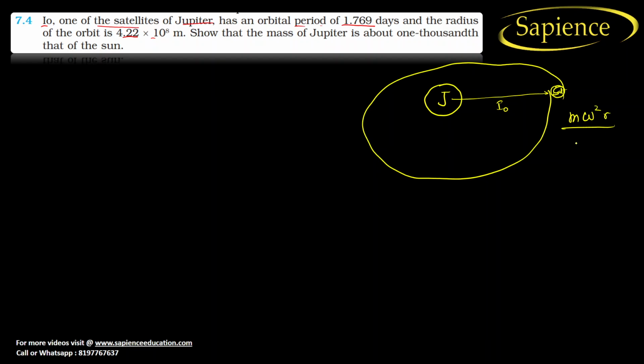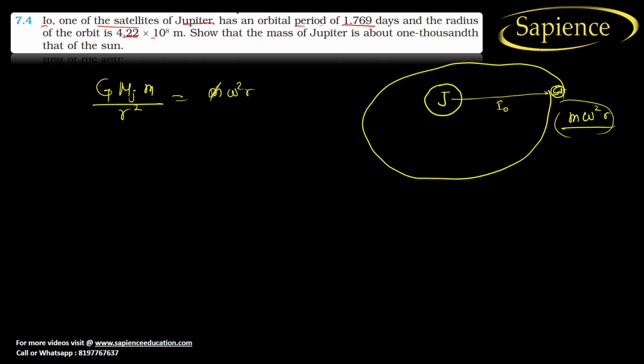This is equal to the force responsible for this motion, G into mass of Jupiter into the small mass of the satellite by r square, and this is equal to m omega square r.